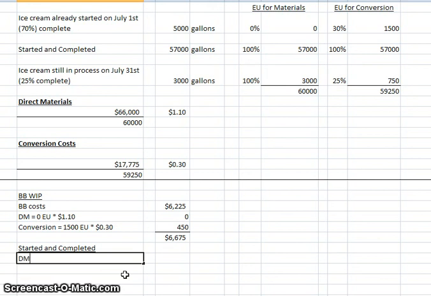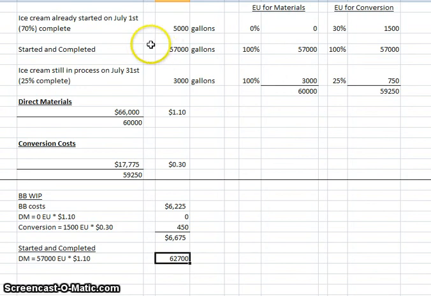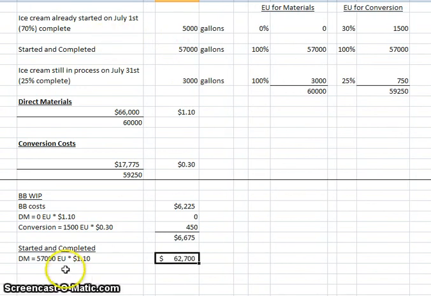So again, we're going to say direct materials. What were the equivalent units for direct materials for this category? Well, there are 57,000 of them, 57,000 equivalent units at $1.10 a unit. So the total direct materials cost for all of those was $62,700.